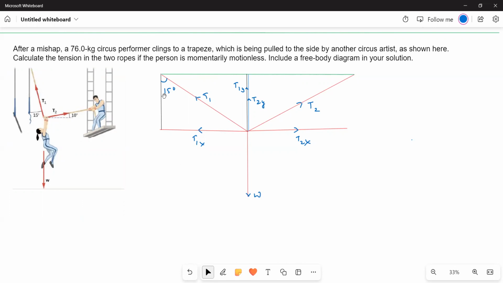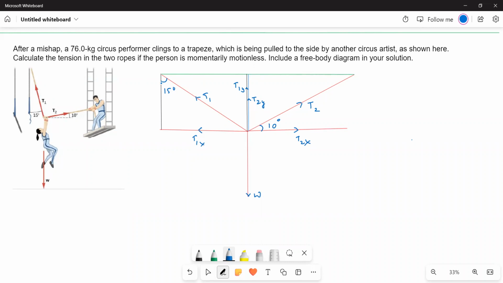He gave the angles. This angle is 15 degrees, and this other angle is 10 degrees. Now from the geometry of the figure, we have to make out the remaining angles.